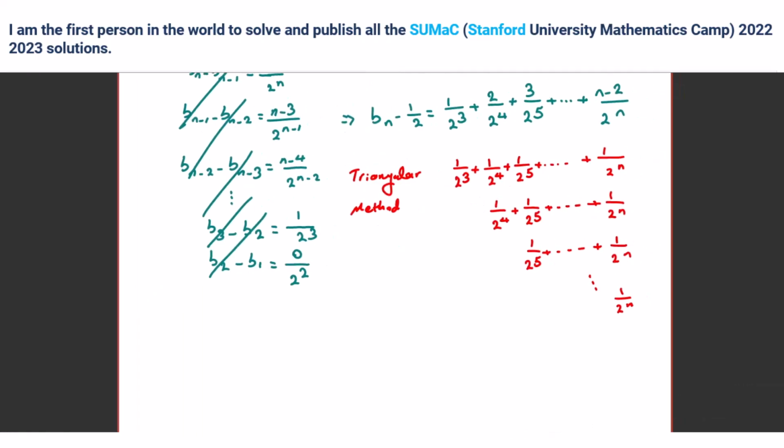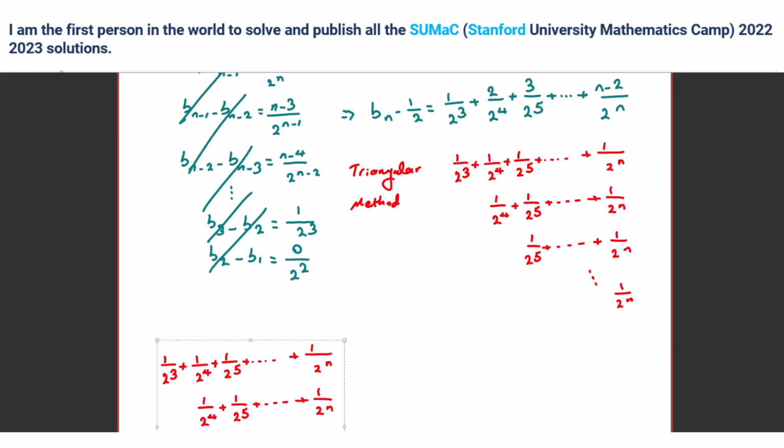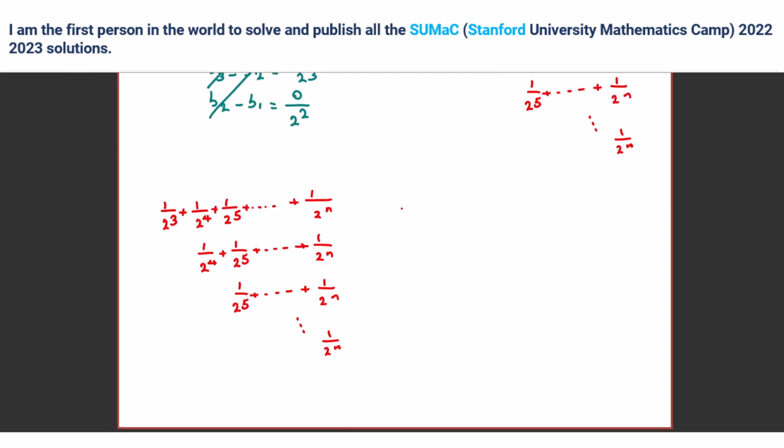I don't understand how to simplify them and add them all together. Okay, so let's calculate each one. Let me copy this here. What's the first line equal to? 1 over 2 to the power of 3 times 1 minus what here?